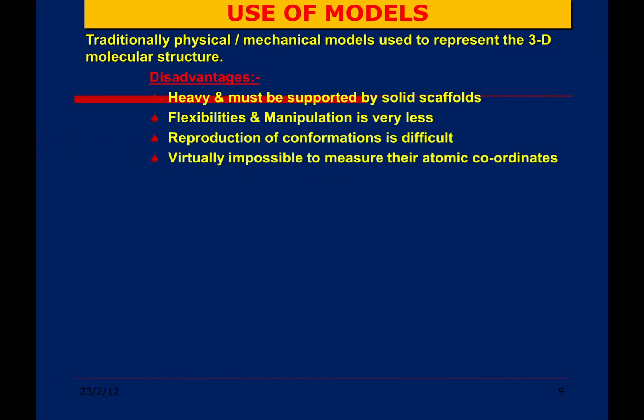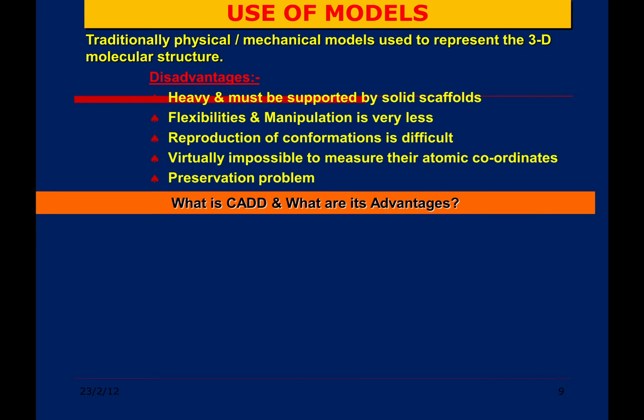Reproduction of conformation is difficult, and it is virtually impossible to measure their atomic coordinates. There is a preservation problem. And here comes a terminology called CAD, computer aided drug design. Let us see what it is and what its advantages are. Generating models through computer and using them for drug designing is, in simple words, computer aided drug design.